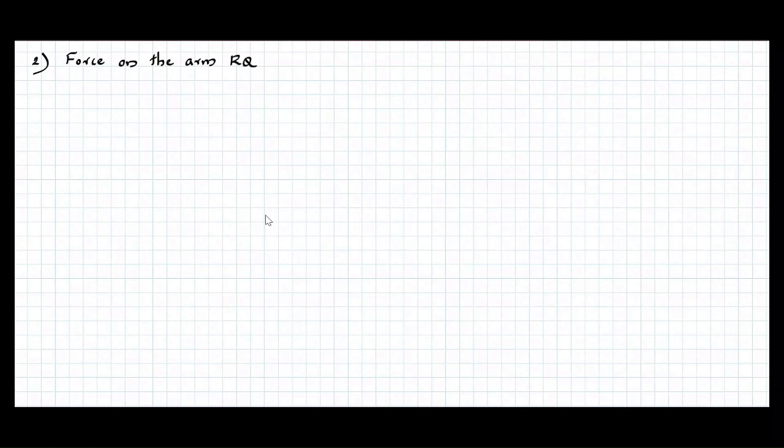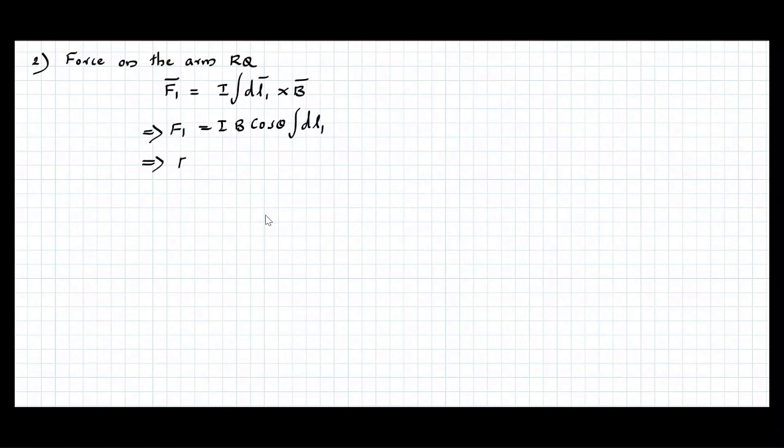Now, let us evaluate the force on the arm RQ. Let it be F1, which we can represent as I into dl1 cross B. As in the case of the force on the arm PS, the force on the arm RQ can be represented as IB cos theta into integral dl1, where dl1 is a small element of length in the segment RQ.